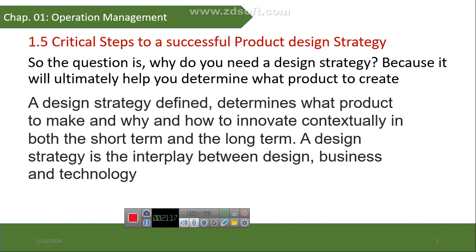A design strategy determines what product to make and why, and how to innovate contextually in both short term and long term. A design strategy is the interplay between design, business, and technology.